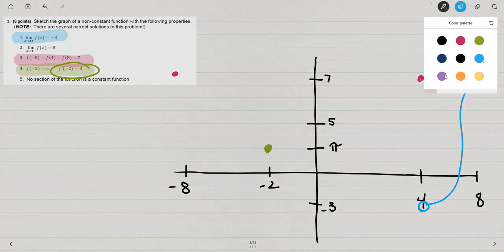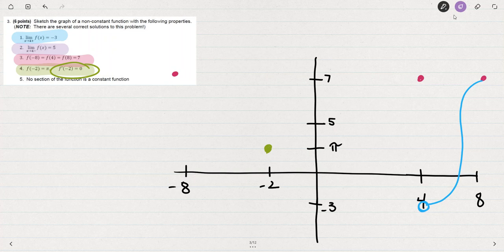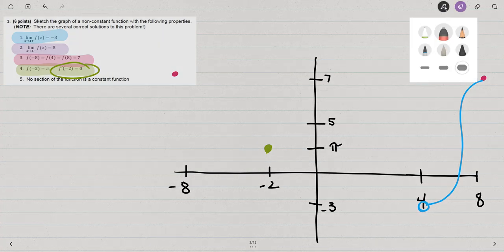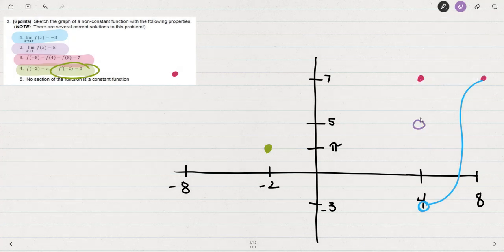From the left, we have the value of the function approaching 5. So from the left, as x approaches this 4, the value is approaching 5.